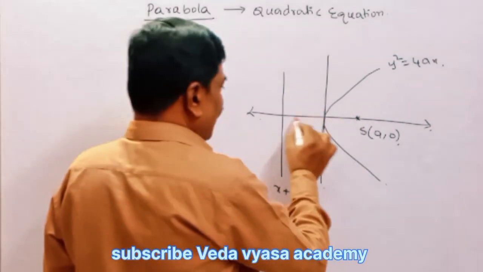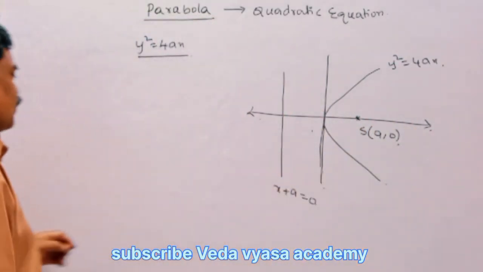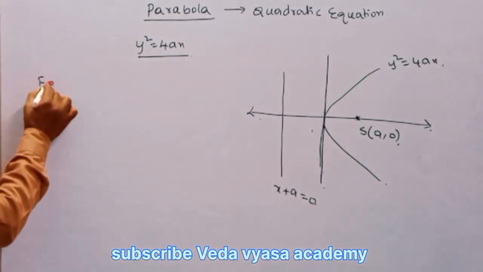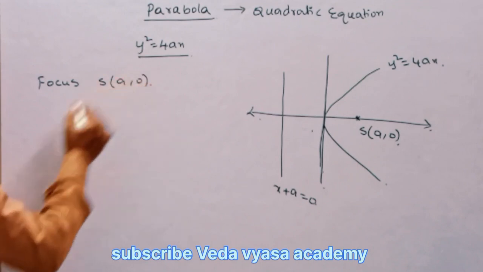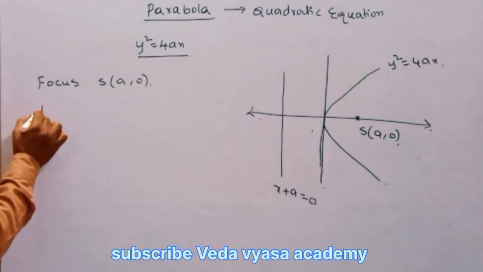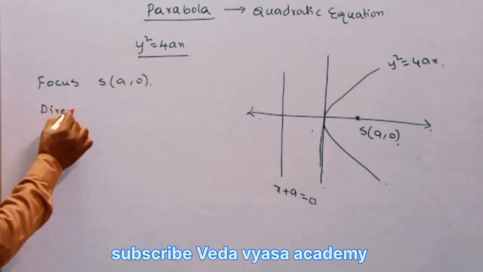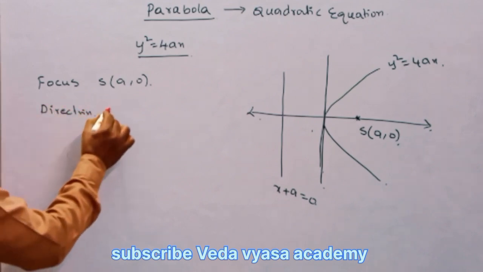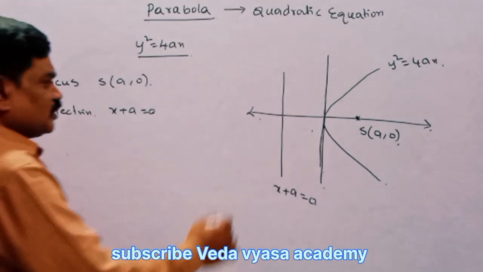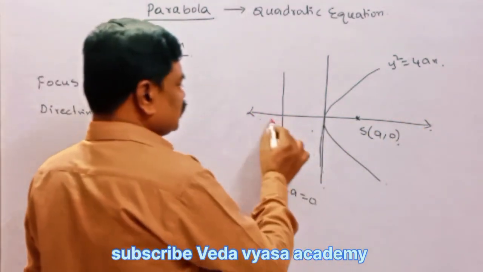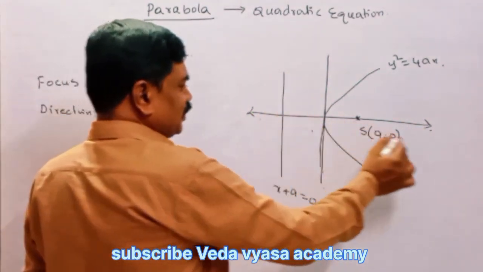The axis of the parabola is perpendicular to the directrix.